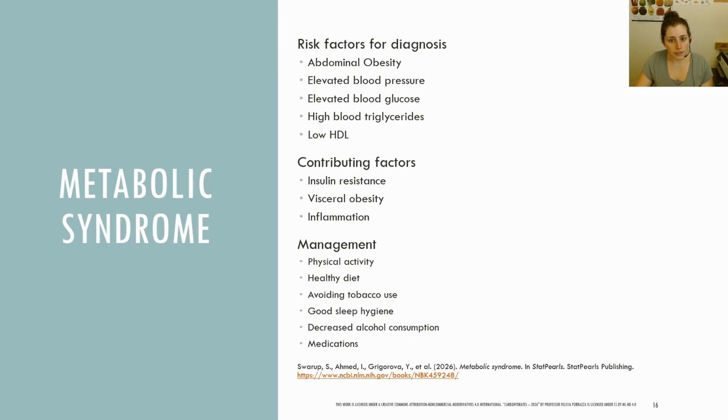With metabolic syndrome, an individual must have at least 3 risk factors or metabolic abnormalities: a waist circumference of more than 40 inches in men and 35 inches in women, blood pressure values of systolic 130 or higher or diastolic 85 or higher, elevated fasting blood glucose of 100 milligrams per deciliter or greater, serum triglycerides level of 150 milligrams per deciliter or greater, reduced high-density lipoprotein cholesterol less than 40 milligrams per deciliter in men or less than 50 milligrams per deciliter in women.